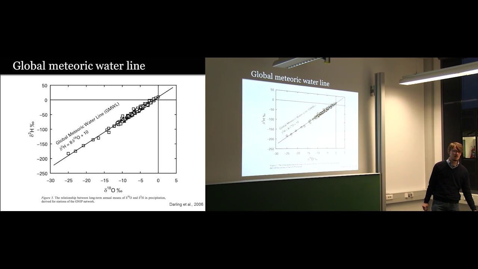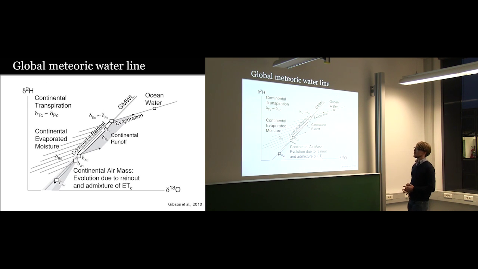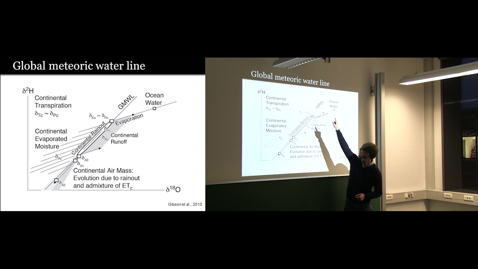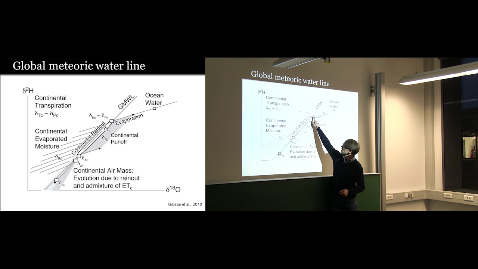However, there are a lot of times complications when you go back into the past, and this is shown on this diagram. You see again the global meteoric water line. For example, if you have your air mass right here, you go up and rain out, so you have transport and rain out in the so-called continental effect. However, with evaporation, for example, if your rain is falling and evaporating as it travels to the surface, you can deviate from this global meteoric water line.